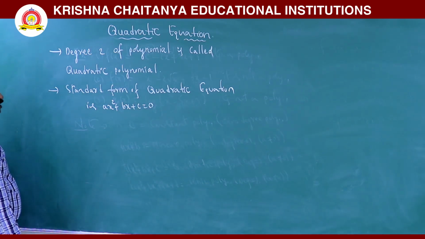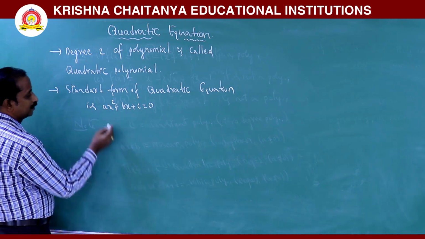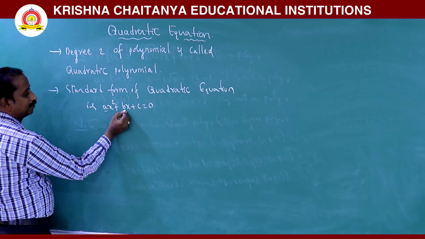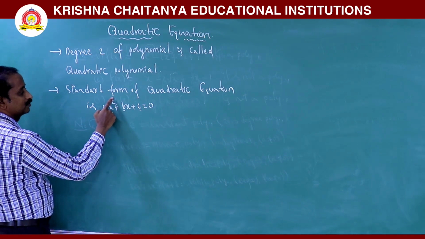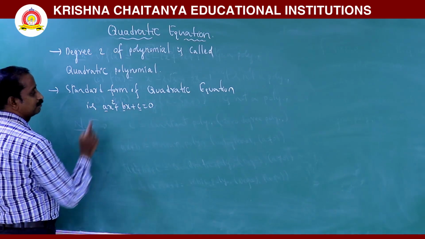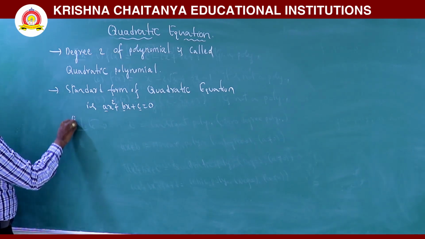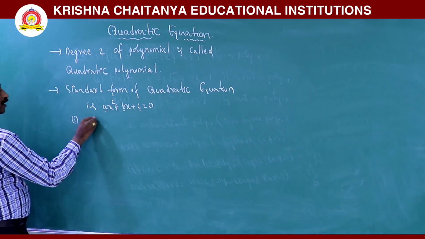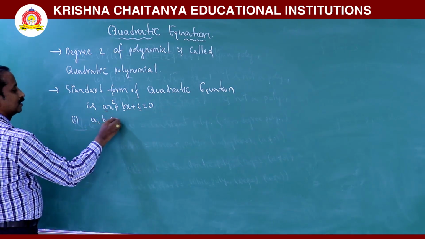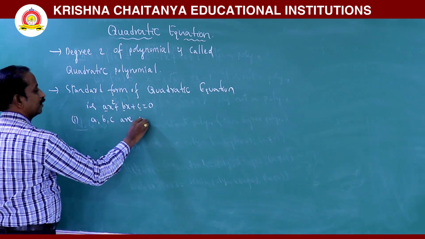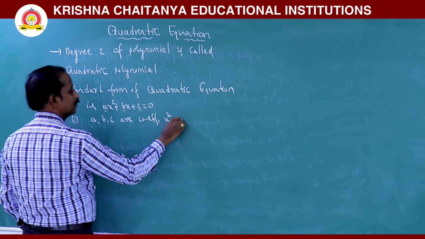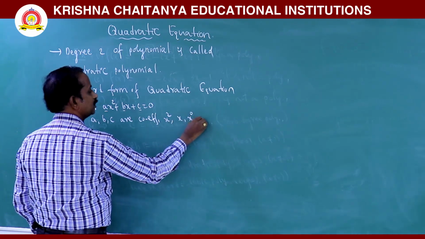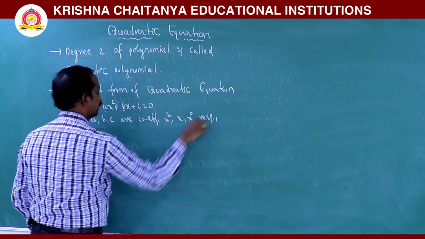In the standard form of quadratic equation, a, b, c are the coefficients of x square, x and x power 0 respectively.